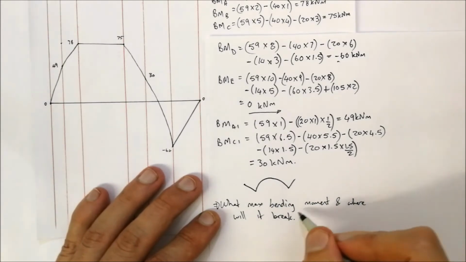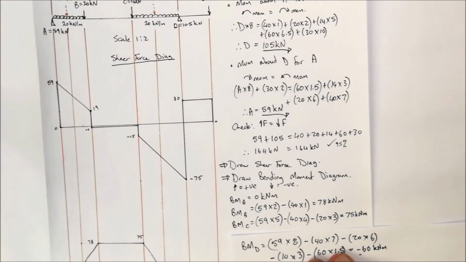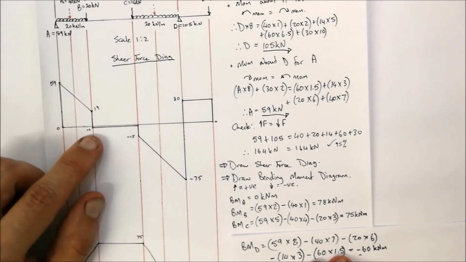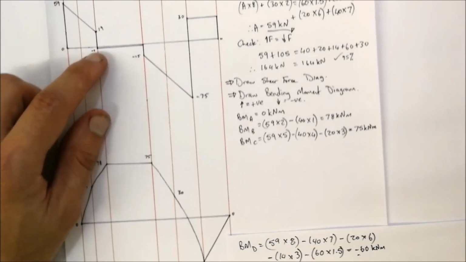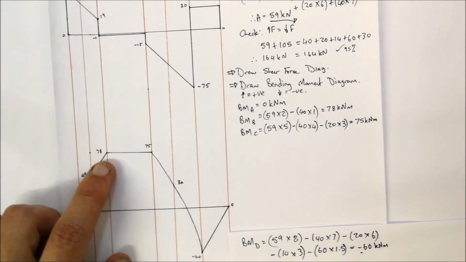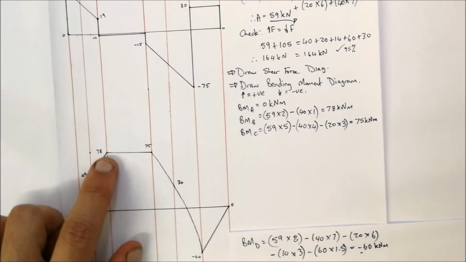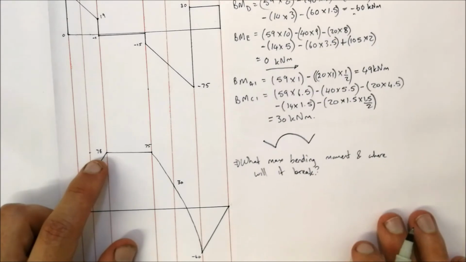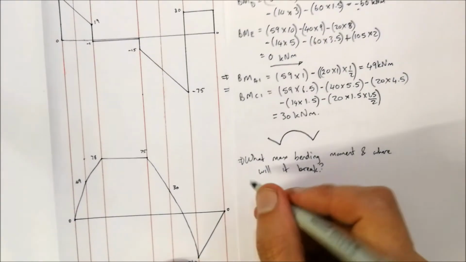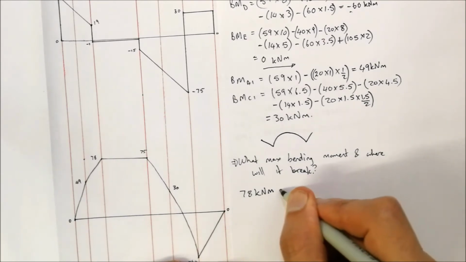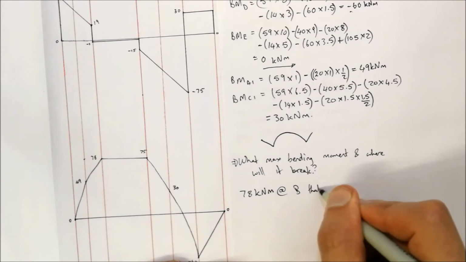So if you look at these diagrams, the shear force diagram is going through the zero line at point B. And if you look at your bending moment diagram, you also see that the maximum bending moment is 78 kilonewton meters, which will be at point B. That indicates to us that that is where the break will happen. So we can say that it is 78 kilonewton meters, and it's at B that it will break.